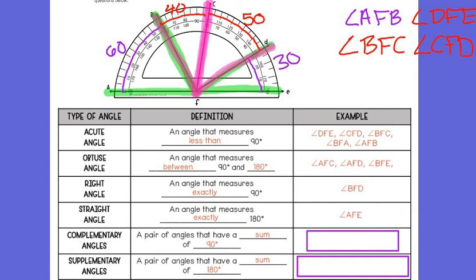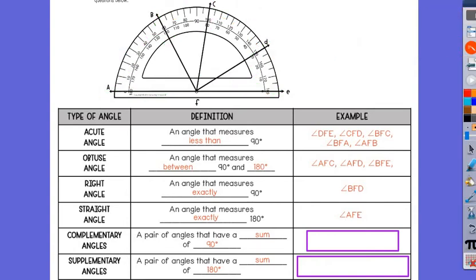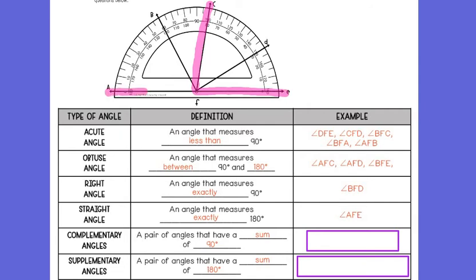Okay, that was complementary. So the same thing, but now supplementary means it has to add up to what? 180. Okay, so Oscar has got this. What do you have, Oscar? CFE and AFC.